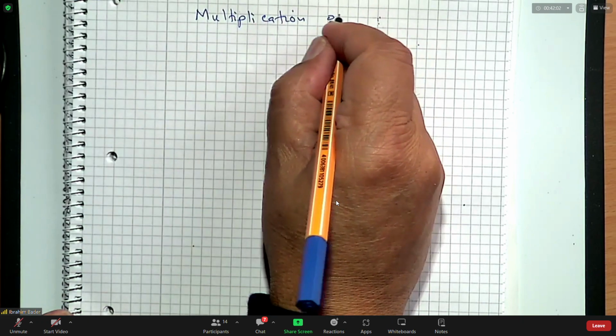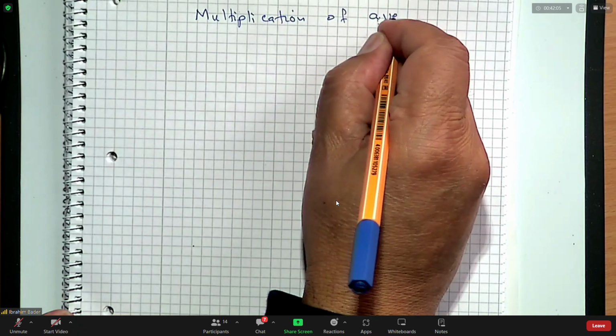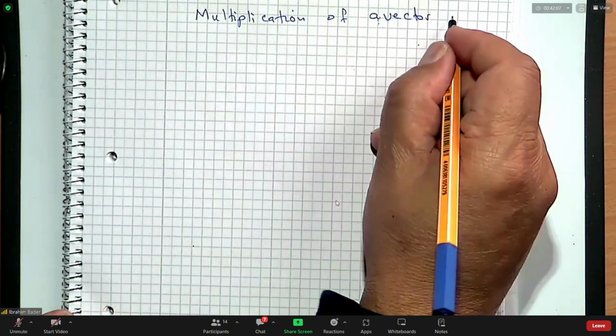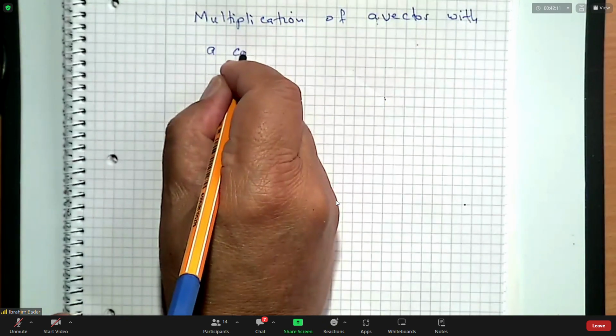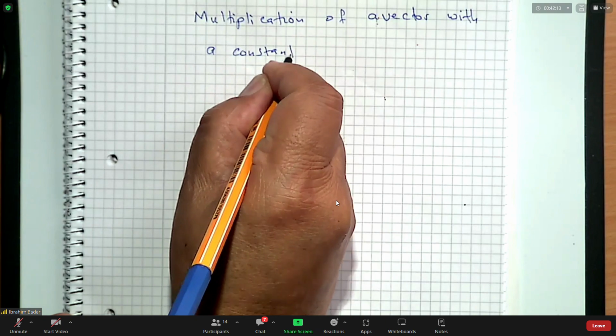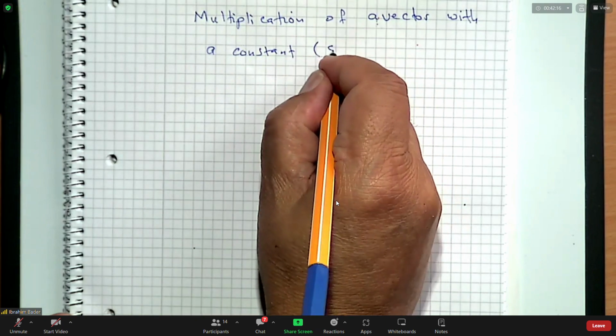So here we have three types of multiplication. Of a vector with a constant, which is also called a scalar.